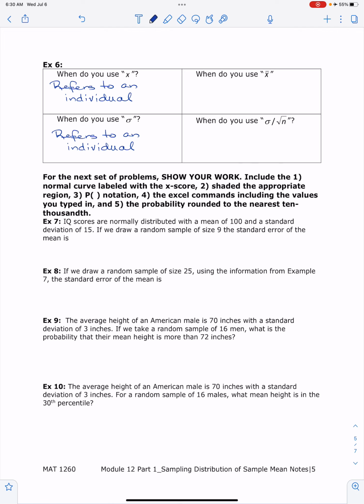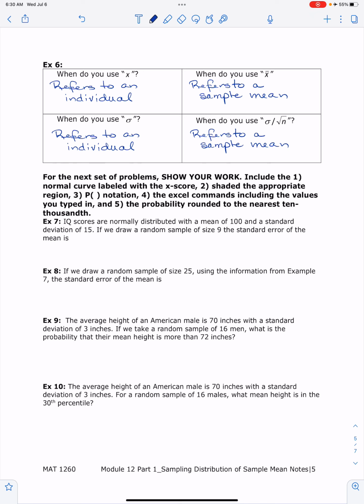When do we use X bar? This is when we're dealing with a sample mean. Right, and that's what we talked about before. That is what X bar means. Same thing with sigma over root n.